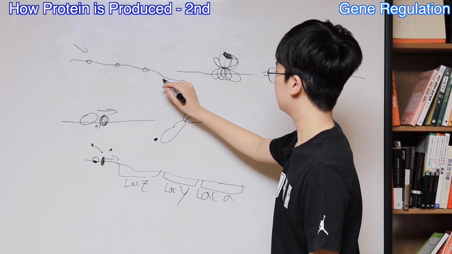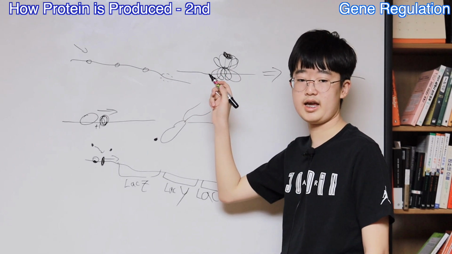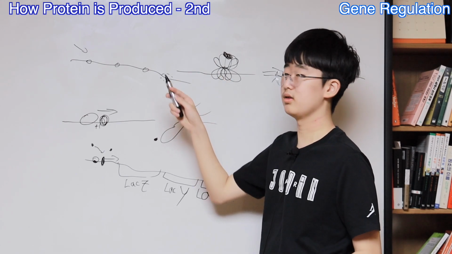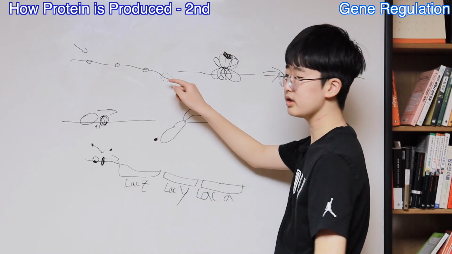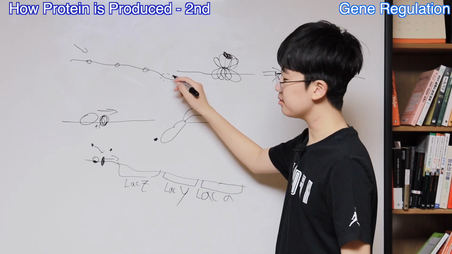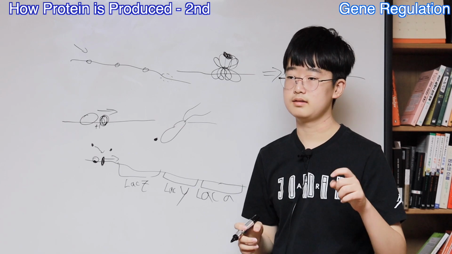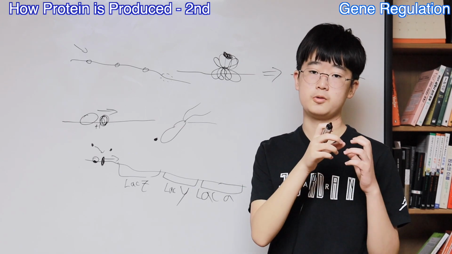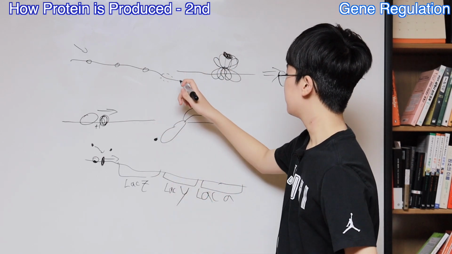And this part, let's say it is a part where RNA polymerase could start making the RNA, but in some places it is made so that the sigma factor cannot bind.